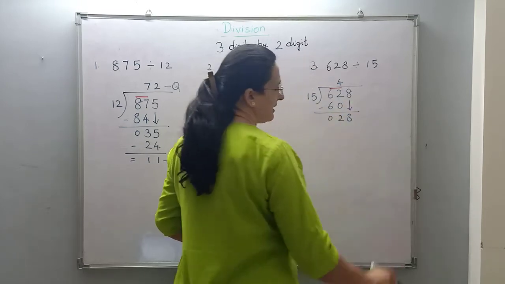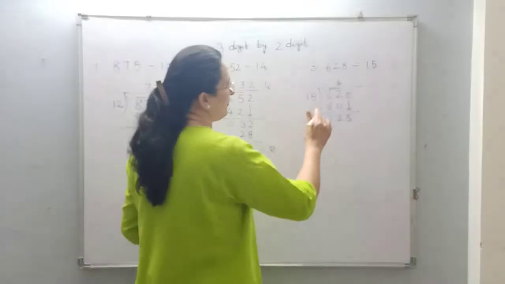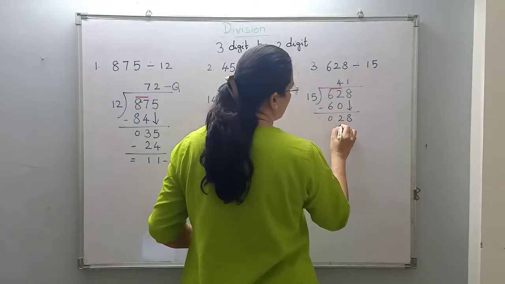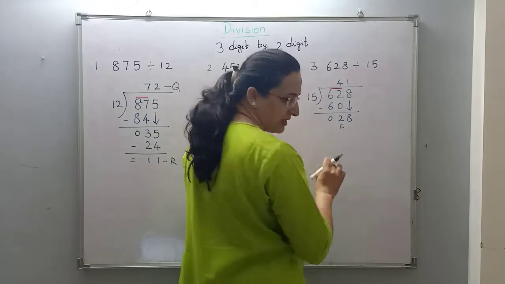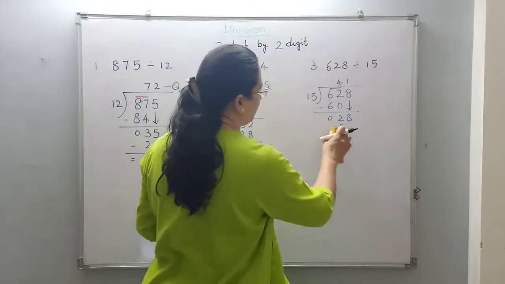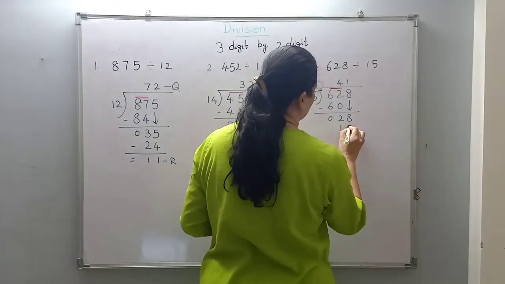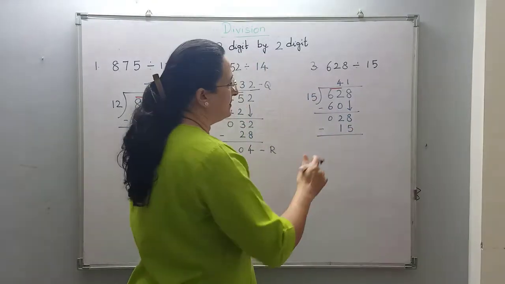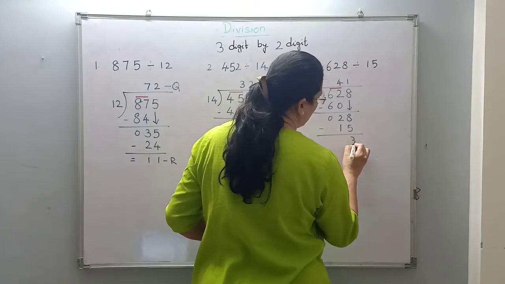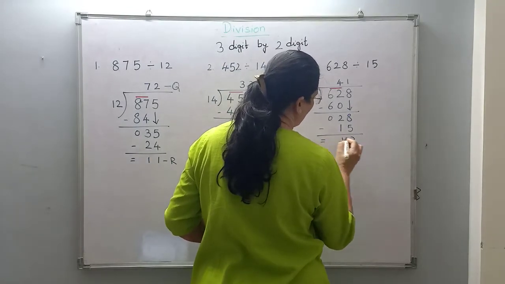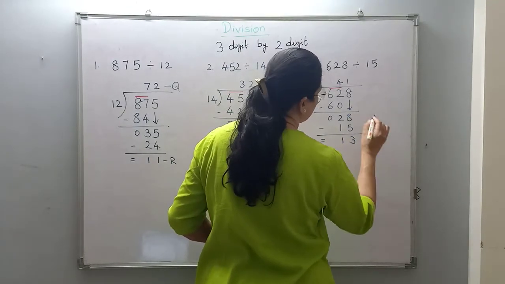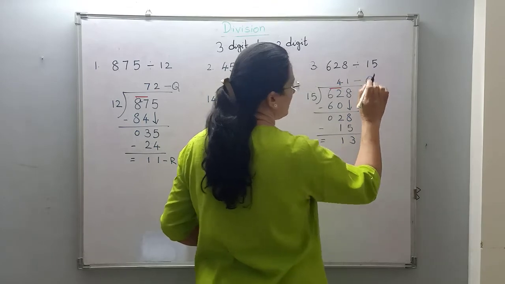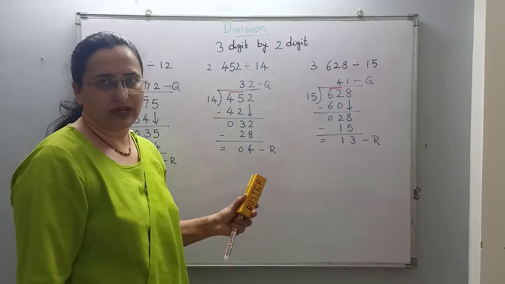I am bringing 8 down and it will be 15 ones are 15. Now 8 minus 5 is 3 and 2 minus 1 is 1. So our final remainder is 13 and our quotient is 41.